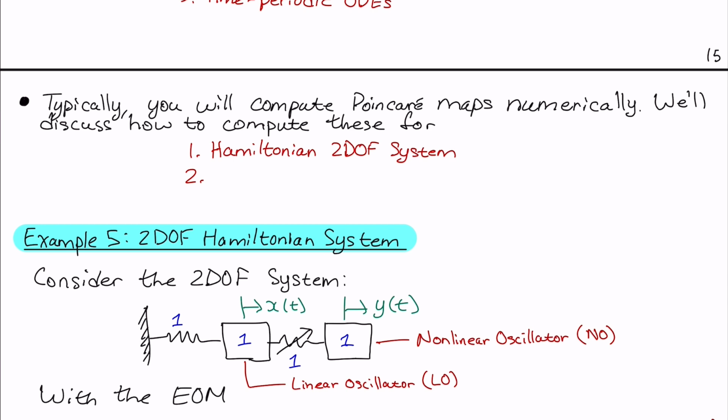And then second, for a harmonically forced system. For the harmonically forced example, we will look at just a Duffing oscillator, but you can still apply the same technique and idea to multi-degree of freedom systems. And at the end of the video, I'll pull up a research paper that a student and I wrote where we applied this Poincare section idea to study the behavior of a 2 degree of freedom system harmonically excited.